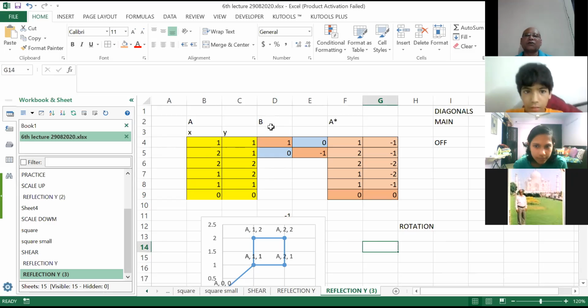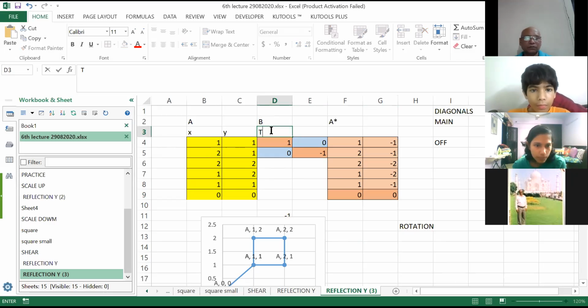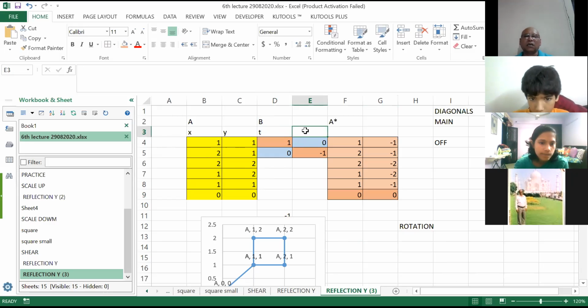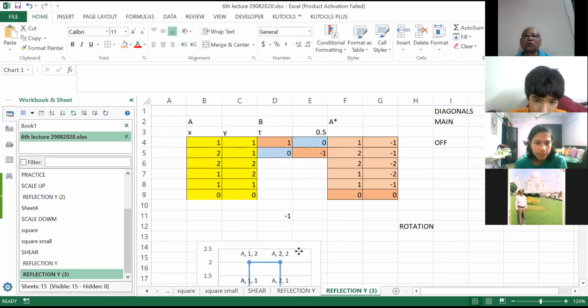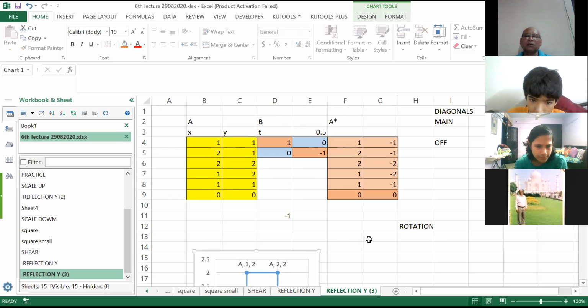Suppose T or theta is the angle, and I want to rotate it by 0.5 radian. Here it will take everything in radian. So for rotation, we have learned a formula in trigonometry.